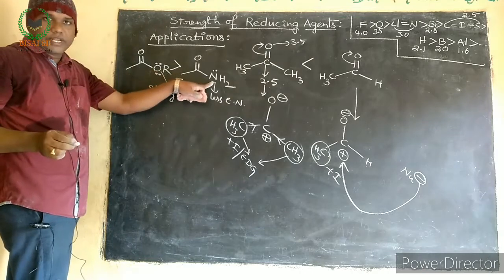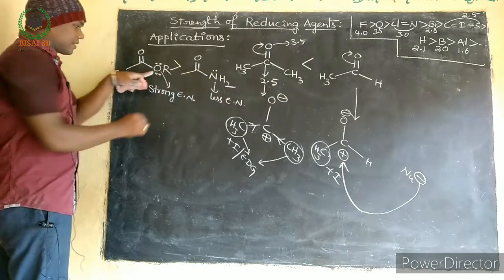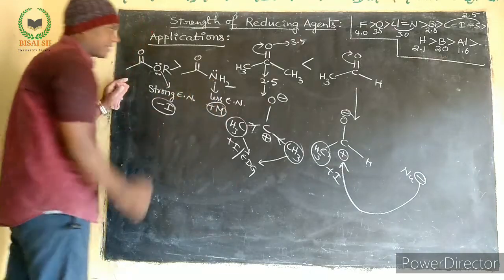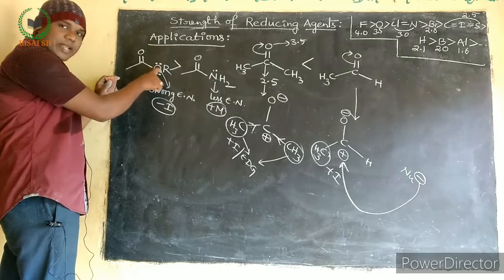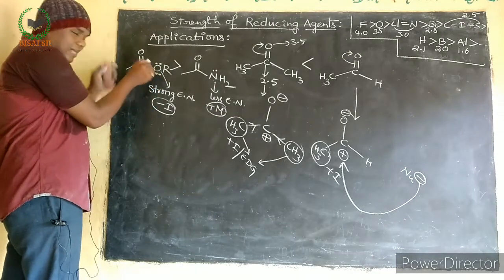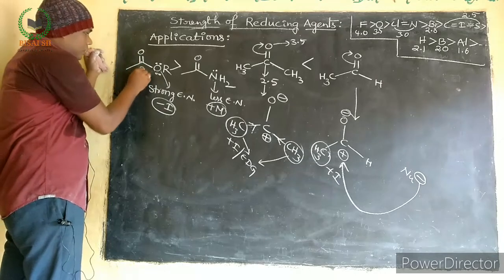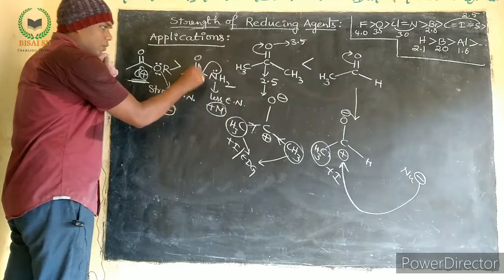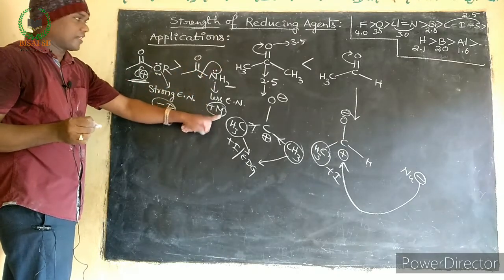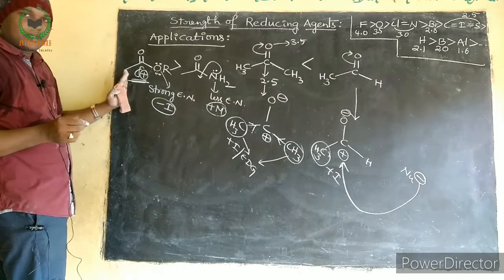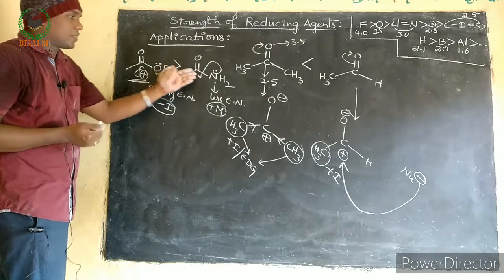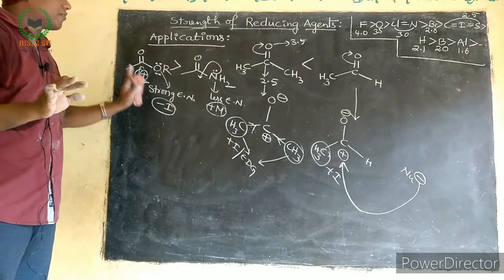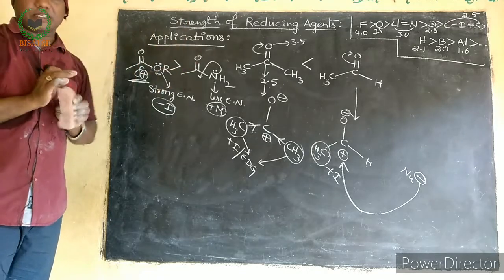More electronegative, less electronegative, correct? So here it sometimes acts as a minus I group, but here plus M is the dominating factor. If this acts as a minus I group, then it attracts the electron density, and the positive charge will be maximum with this group, but here only resonance is possible, meaning plus M is the dominating factor. So the nucleophilic addition in esters is maximum compared to amides, correct? So this is very excellent evidence for the nucleophilic addition reaction, correct?